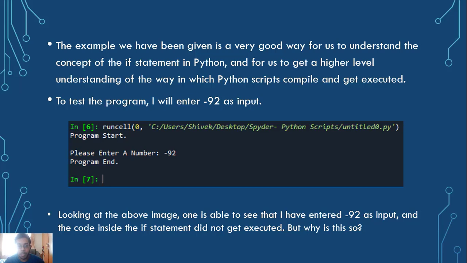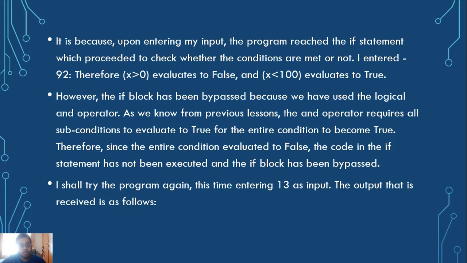Looking at the above image, one is able to see that I have entered negative 92 as input, and the code inside the if statement did not get executed. But why is this so? It is because upon entering my input, the program reached the if statement, which proceeded to check whether the conditions are met or not. I entered negative 92. Therefore, x is greater than 0 evaluates to false, and x is less than 100 evaluates to true.